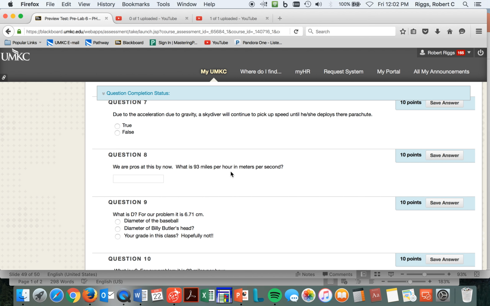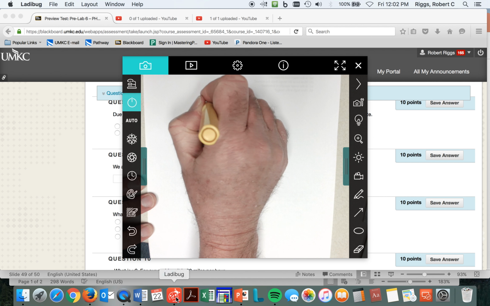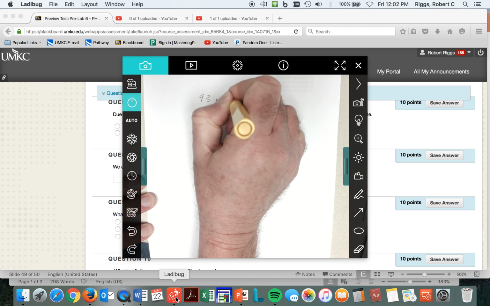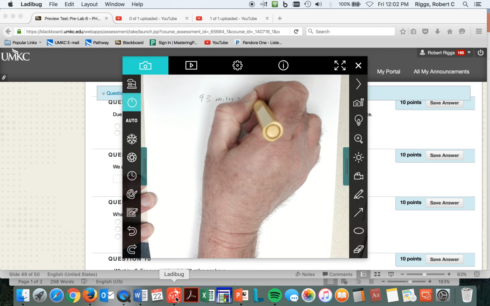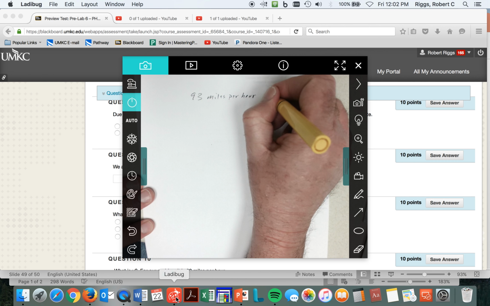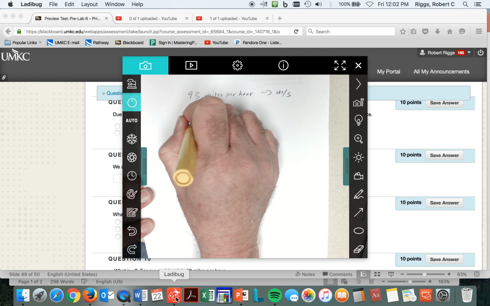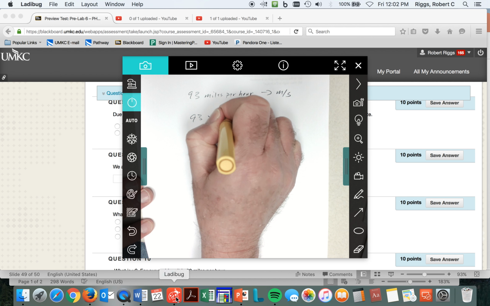So compute 93 miles per hour in meters per second. What does that look like? Remember, some of these questions are from my physics of sports class, so they are experts at this by now. You can go to Google if you want, or you can just do 93 times 0.447.